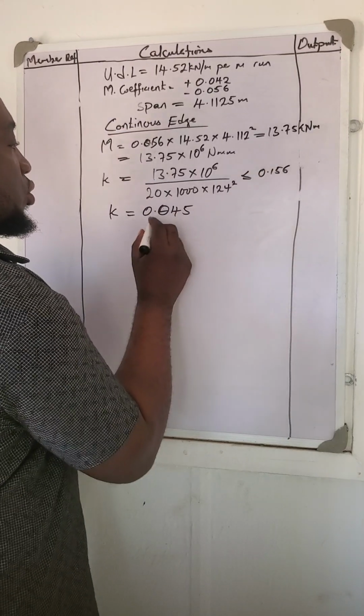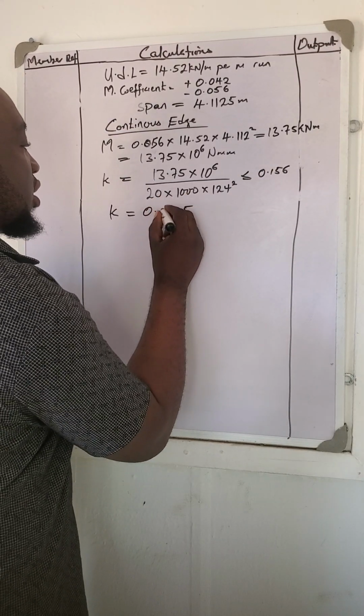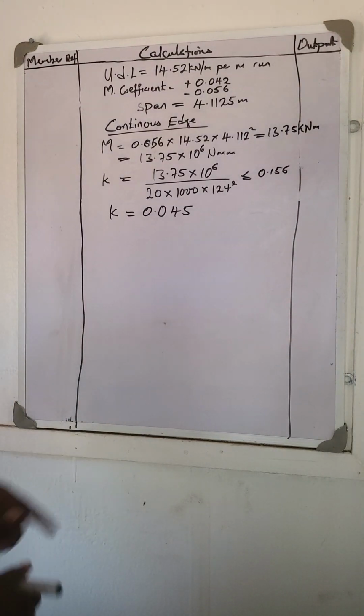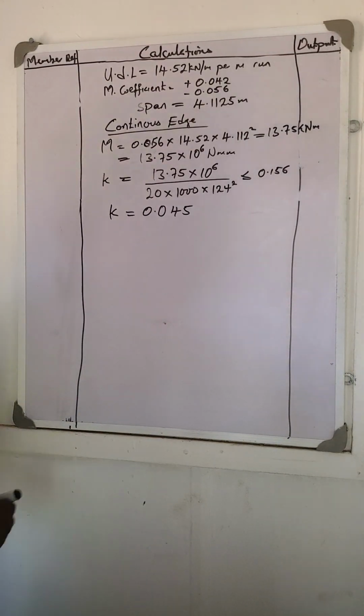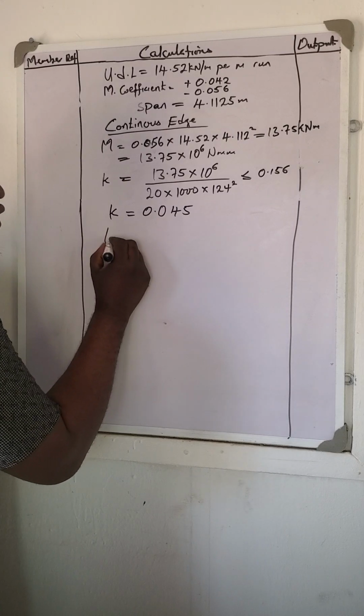This is less than this, so you make use of the lesser value, 0.045.